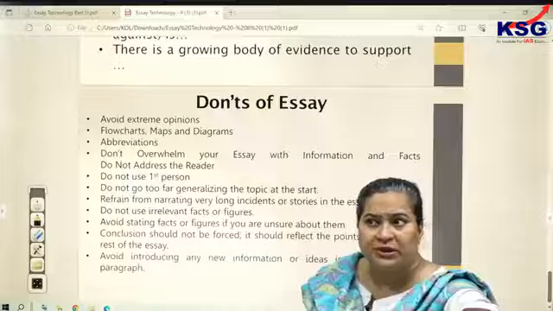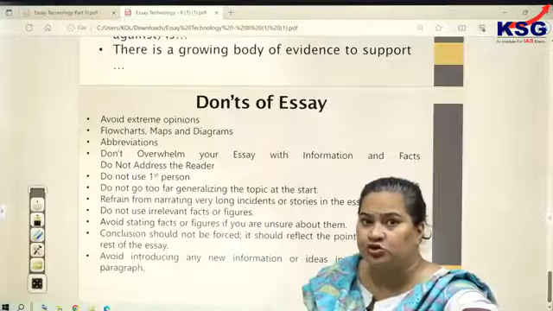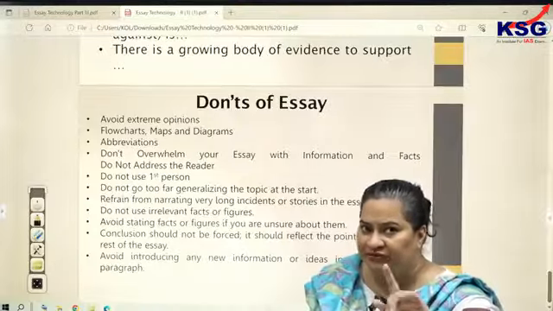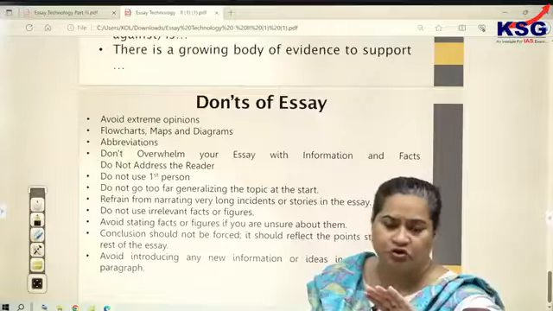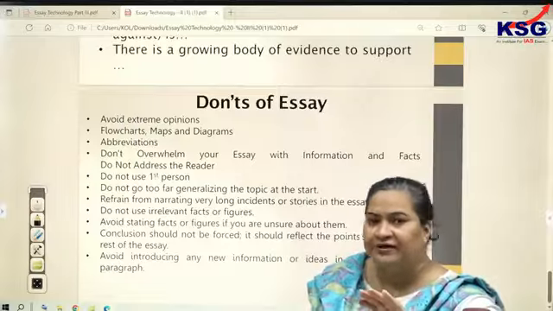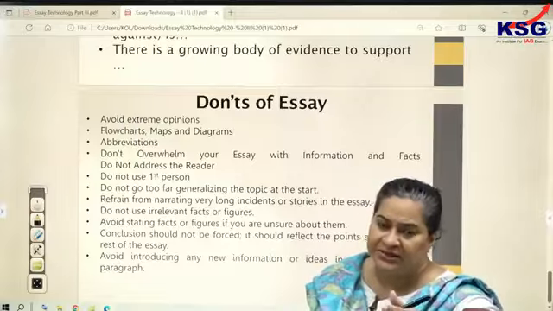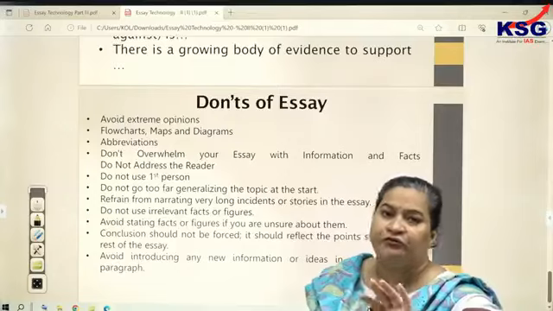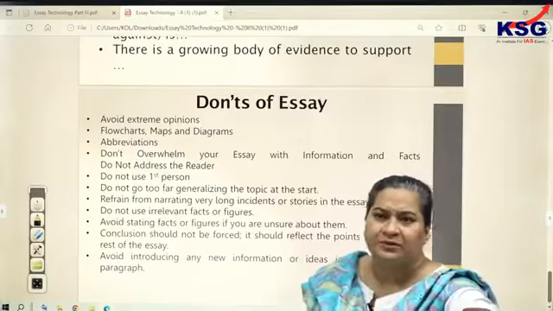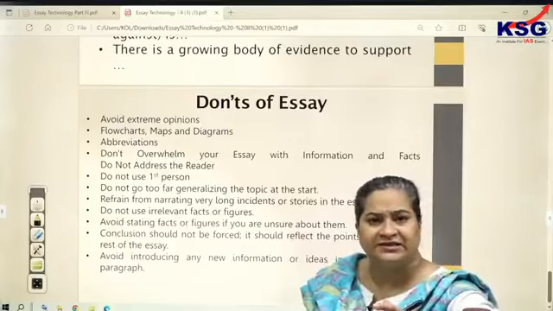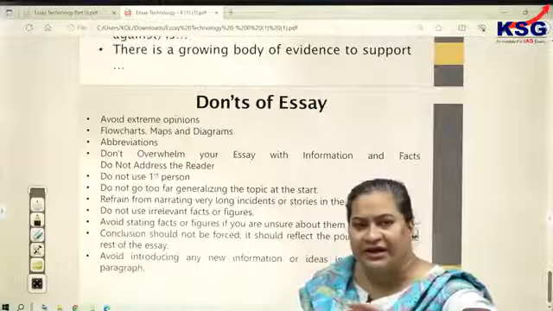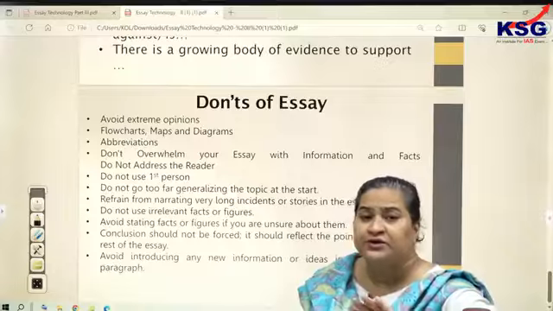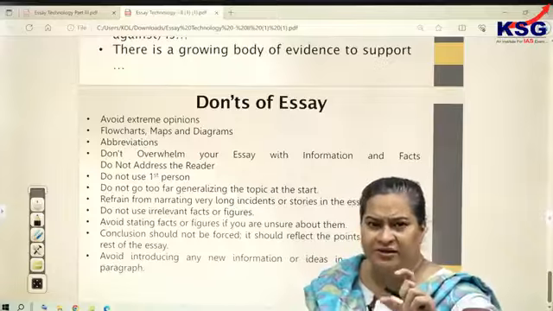It should be over within the first page, and preferably within half the page, not more than that. Half the page means exactly 45 to 50 words, just 3 to 4 sentences. That's it. When you're writing an incident or a short story, see to it that it is very abbreviated in nature.